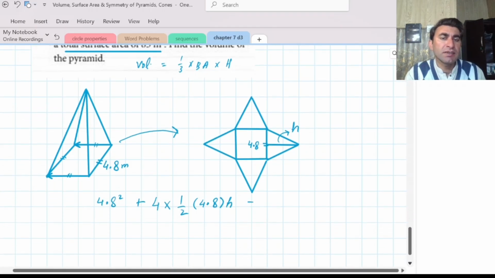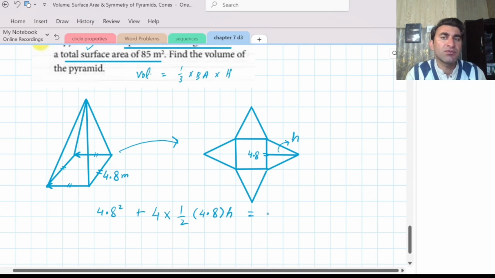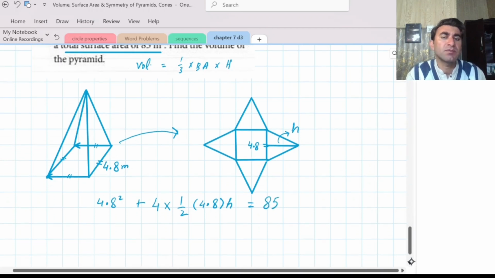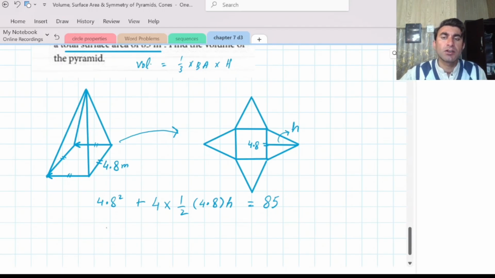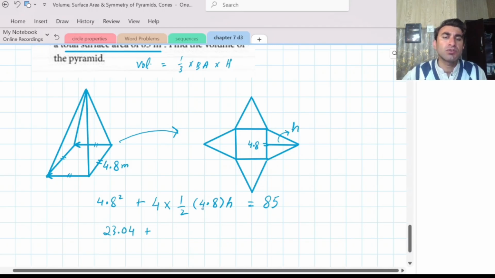Now it equals, as we know, the total surface area was 85. Now we need simplification of this, and 4.8 square is 23.04, plus 2 times 4.8, so it will be 9.6 h. It equals 85.